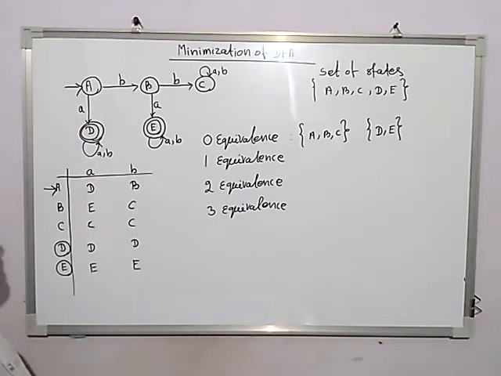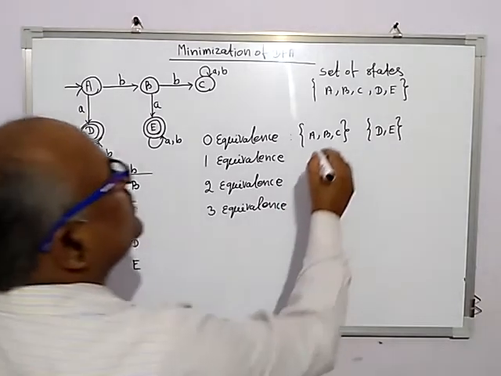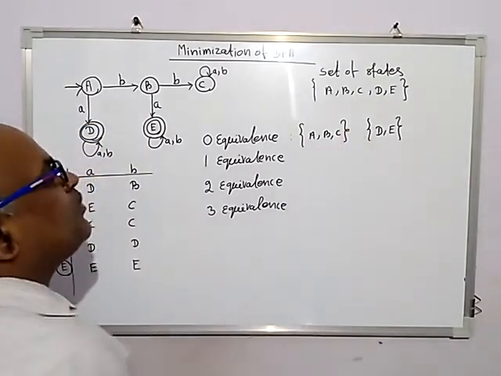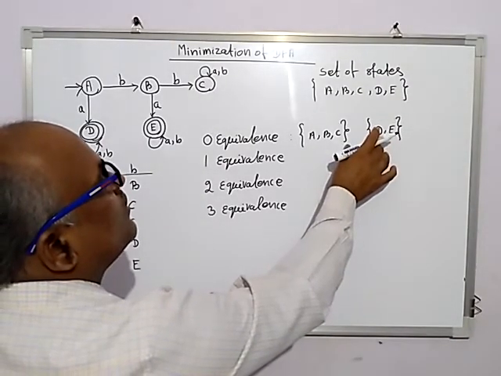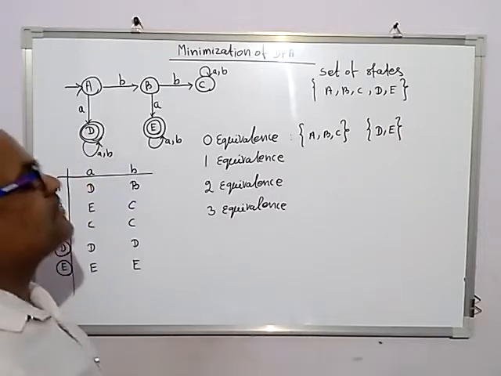If you want to find one equivalence, you apply all the inputs to the two subsets of states and find out the next states.